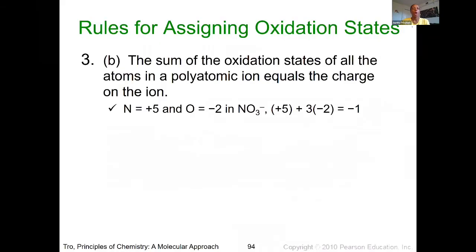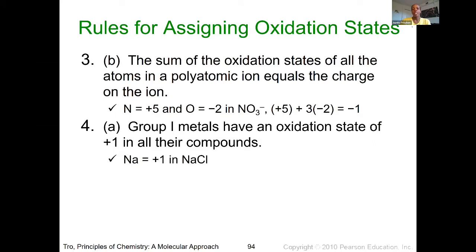All right, continuing on. The sum of the oxidation states of all the atoms that are found in a polyatomic ion will equal the charge of the polyatomic ion. So for instance, if we have something like nitrate, we could say that oxygen would be -2, and that's going to be based off a rule we're going to see in a little bit. Now, we couldn't say that nitrogen would be -3 like we would predict off of the valence numbers, and that's because it would not add up to -1.